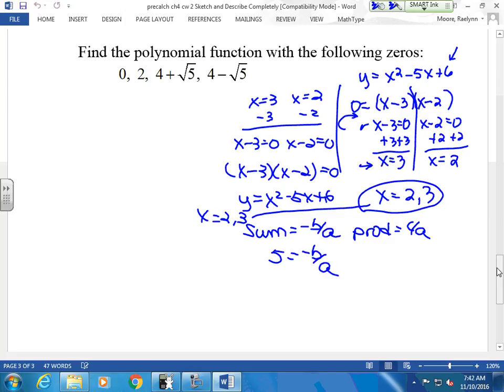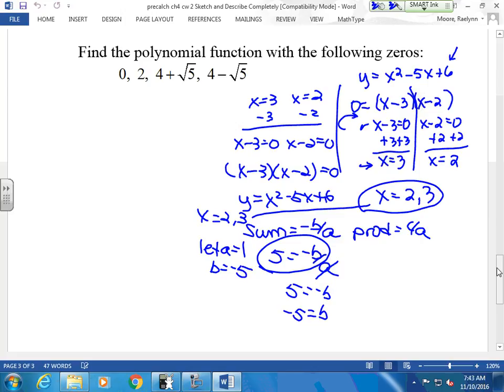You're getting there. Okay, now I have 2 variables in one equation. I can't solve 2 variables in one equation. So I'm going to say let a equal 1. Just get a out of there. We can worry about it later. So therefore, 5 is equal to -b. So what's b? -5. Now, product means multiply those.